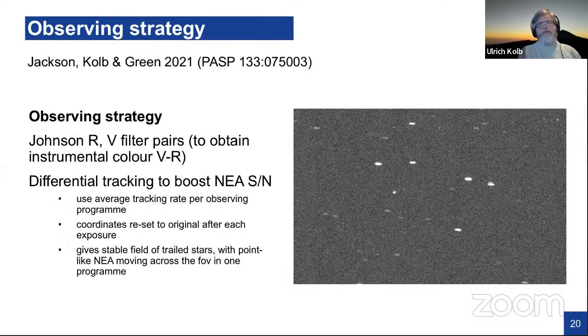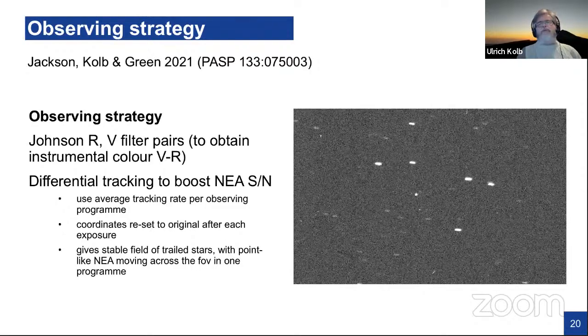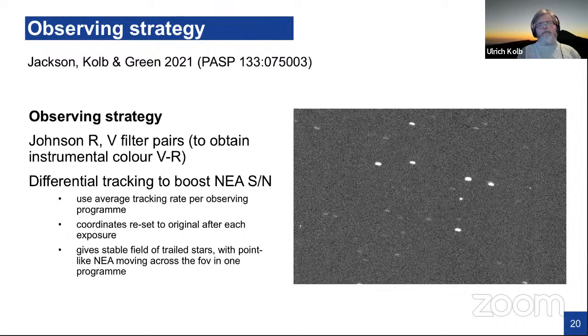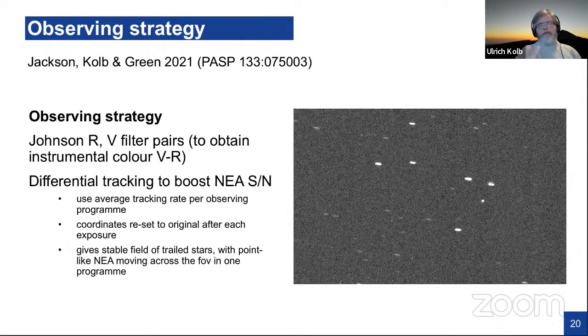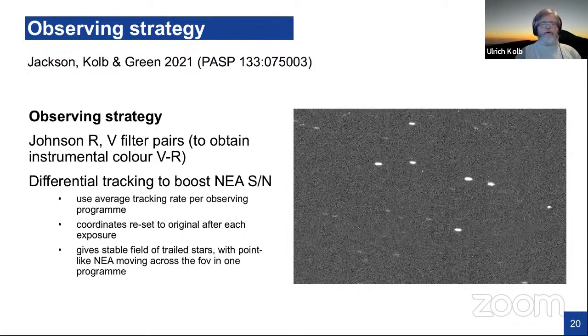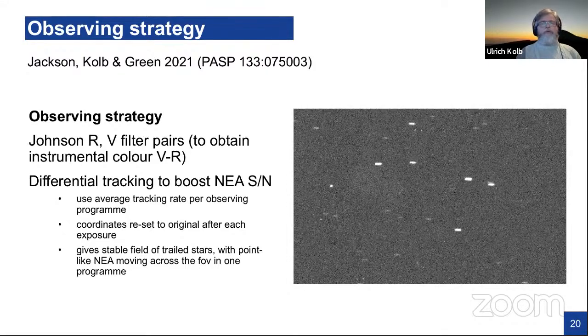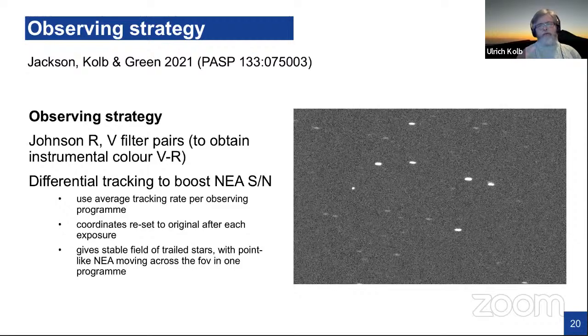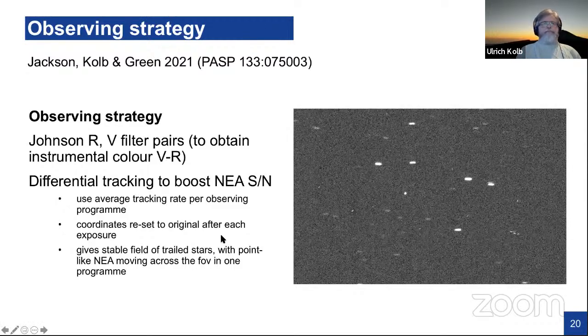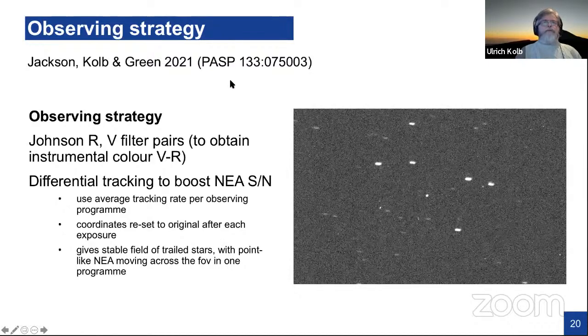Of course, once the asteroid is out of the field of view, you would have to move to a different field. And in practice, what we do is in one night, at any given night, we do one such field. That's enough to establish a phase curve, which is a long-term monitoring program rather than a detailed sitting on the asteroid for many hours on end. Okay. So next one.